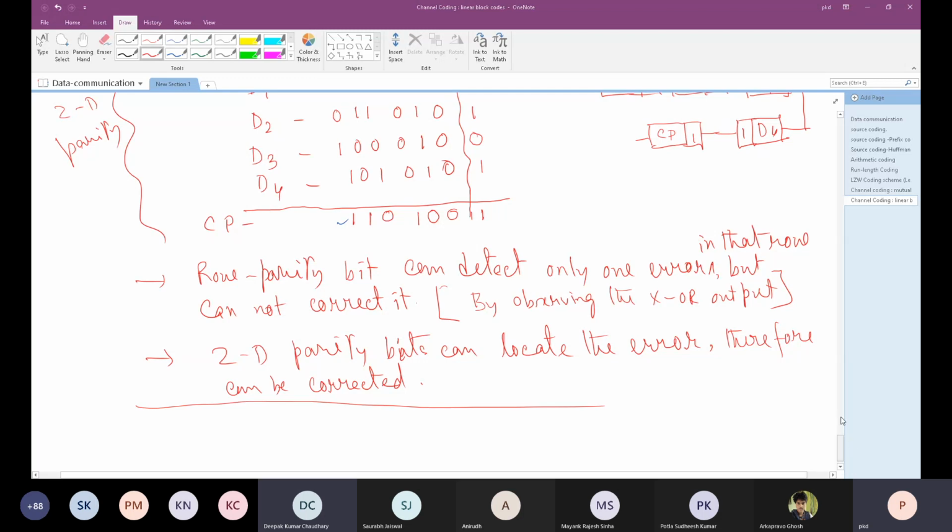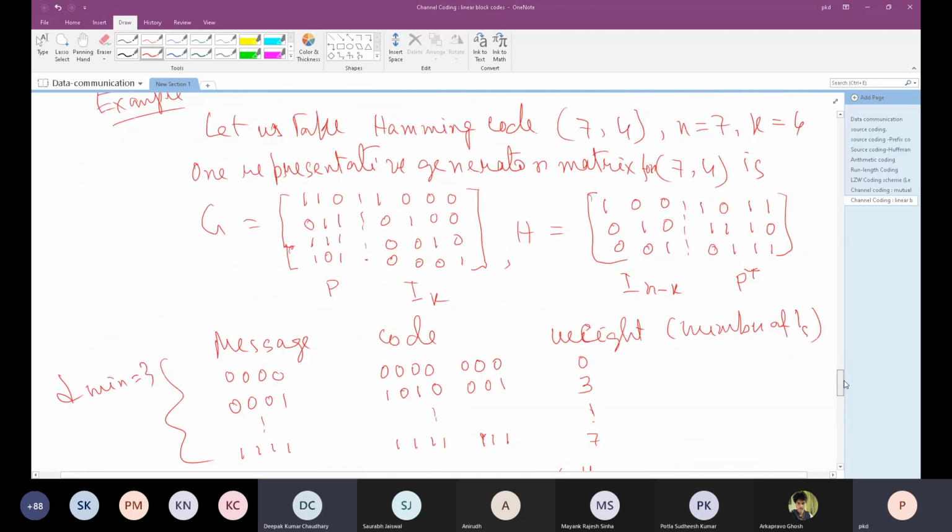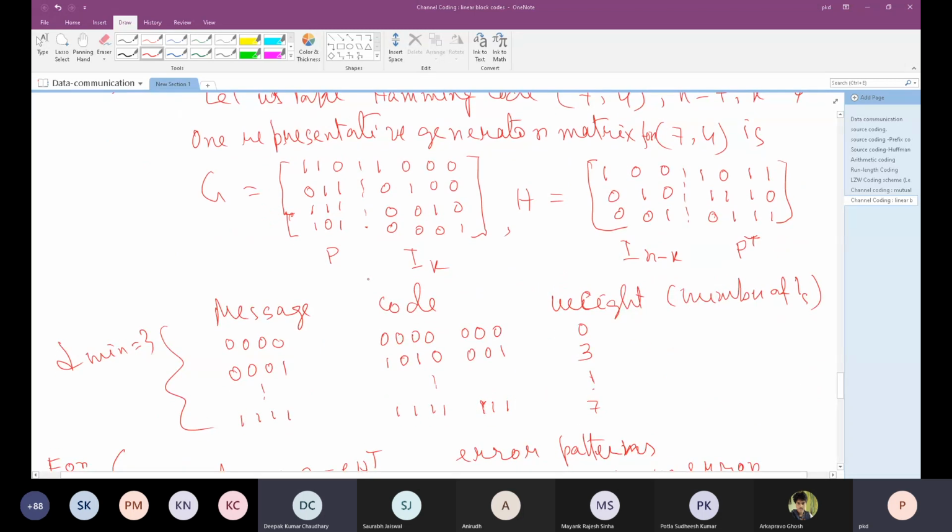However, in this example code, these parity bits are generated. These parity bits, you can say, are derived from the message bits.